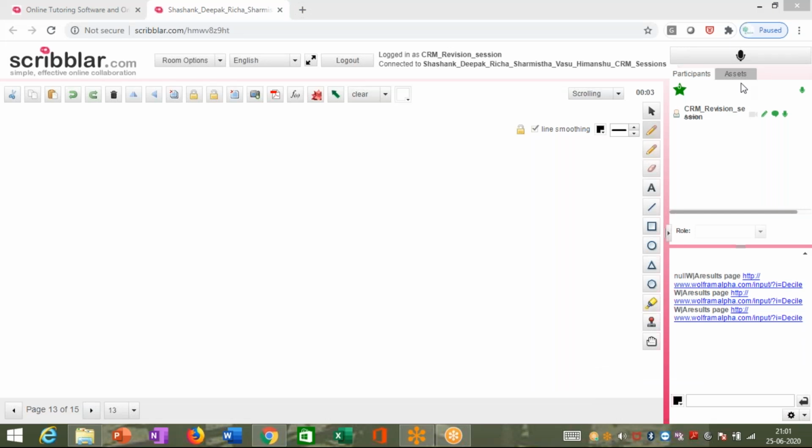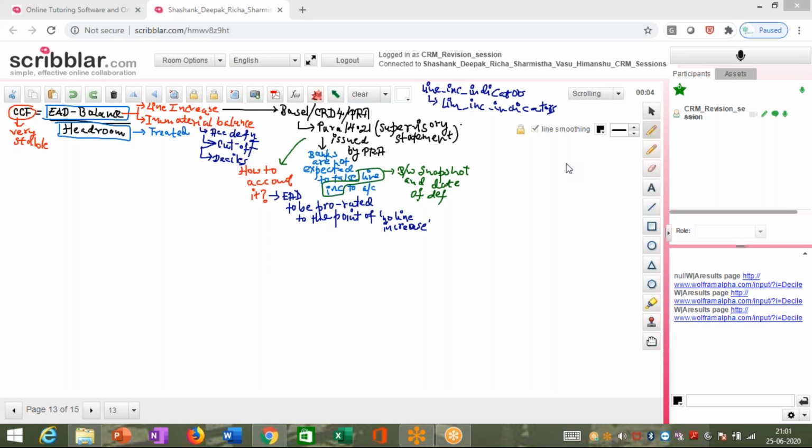Okay, so in the last class, we were talking about the exposure at default and how to prepare the data. One of the important things that we saw was that the target variable for which we were trying to develop the model was the credit conversion factor. The credit conversion factor was aimed at converting the off balance sheet balances to an equivalent of the on balance sheet.